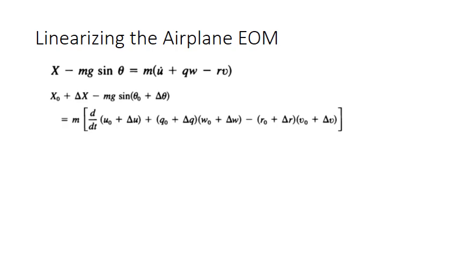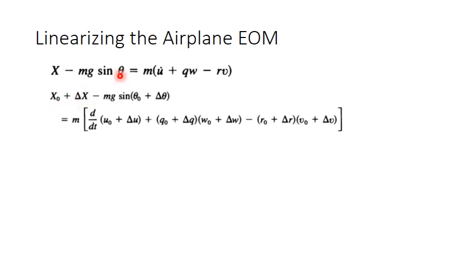Notice that each variable is replaced by a steady state value and a perturbation variable. So this X is replaced by a steady state variable, X naught, plus a small perturbation variable.